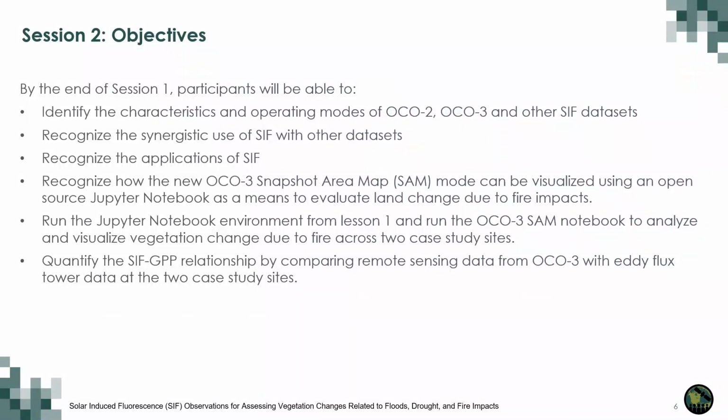Here are the objectives for today's session. By the end of this session, participants will be able to identify the characteristics and operating modes of OCO-2, OCO-3, and other SIF datasets, recognize the synergistic use of SIF with other datasets, recognize some of the applications of SIF, recognize how the OCO-3 Snapshot Area Mode, or SAM mode, can be visualized using an open source Jupyter notebook as a means to evaluate land change due to fire impacts, run this Jupyter notebook environment from lesson 1, and run the OCO-3 SAM notebook to analyze and visualize vegetation change due to fire across 2 case study sites.